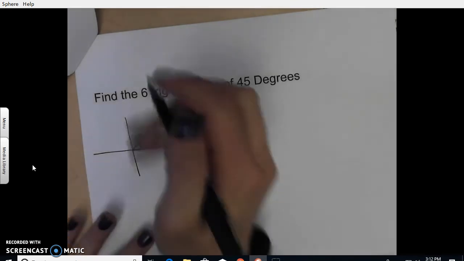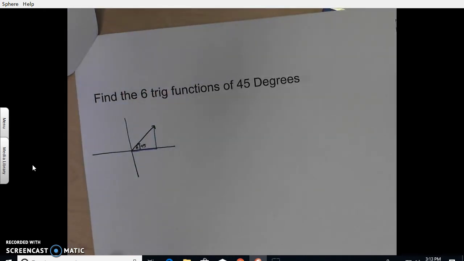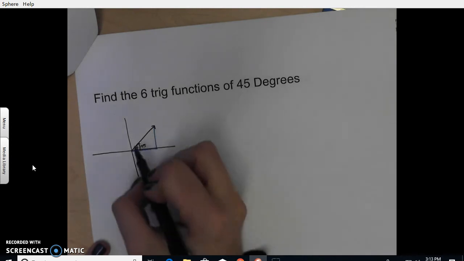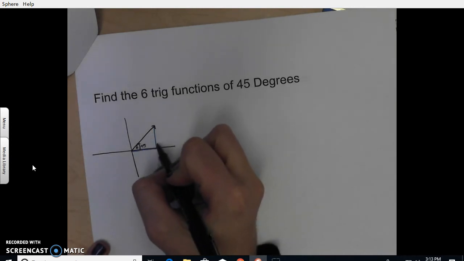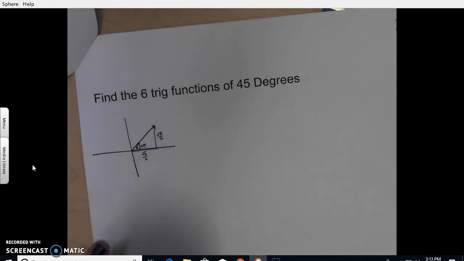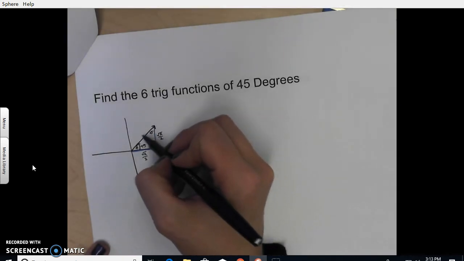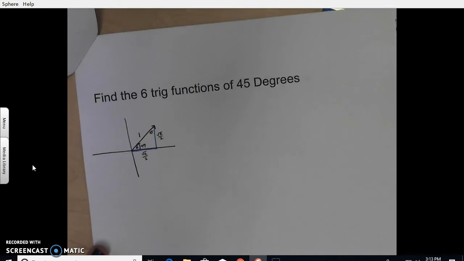I label the angle theta. So this 45-degree angle is theta. Across from 45 in my triangle is root 2 over 2, root 2 over 2, since this side is 45 as well. And my hypotenuse is 1.